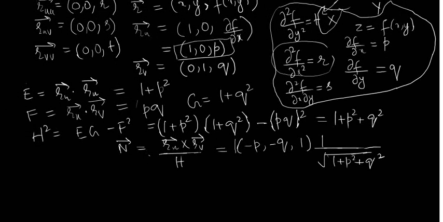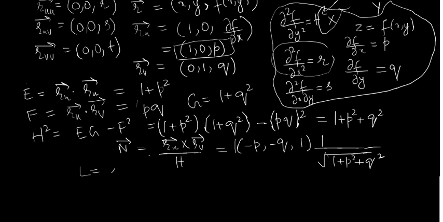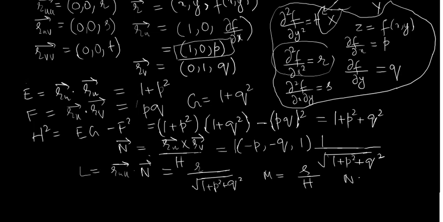You have to take the dot product of 0, 0, r with n. So the second fundamental magnitude L would be equal to r uu dotted with n. It is nothing but, with this, it will be just r by H. And r by H, or simply in place of H we can write root of 1 plus p square plus q square. Similarly, M would be s by H, and of course N would be t by H. So these are very easy to evaluate.